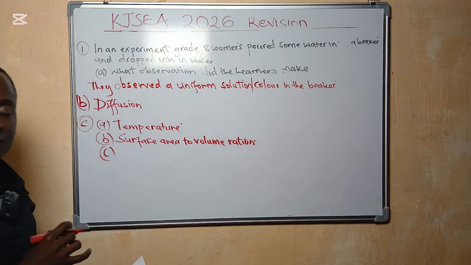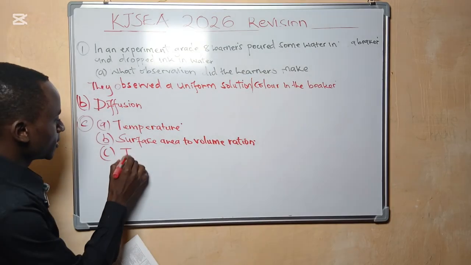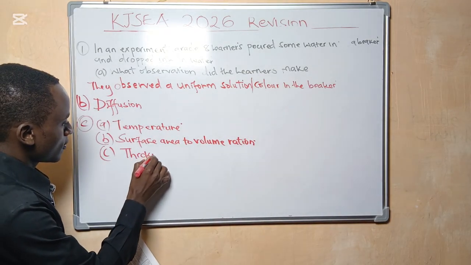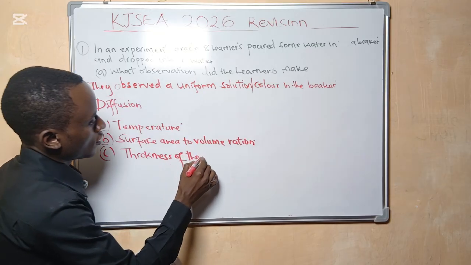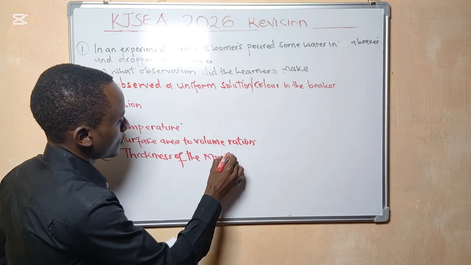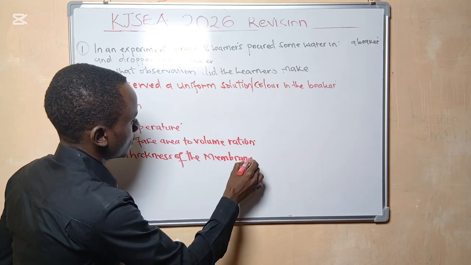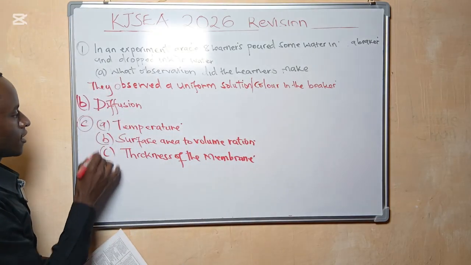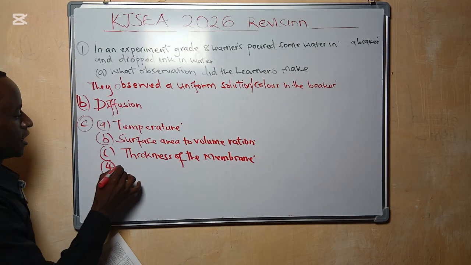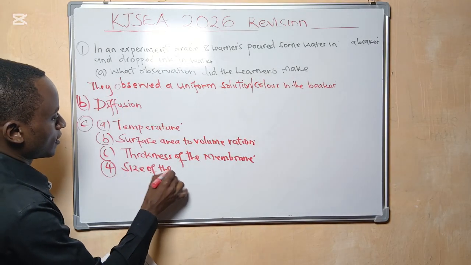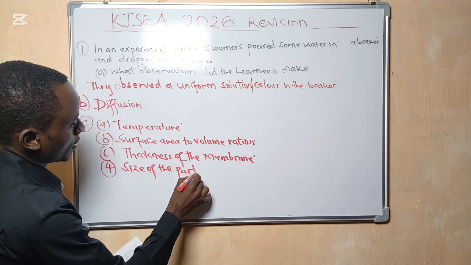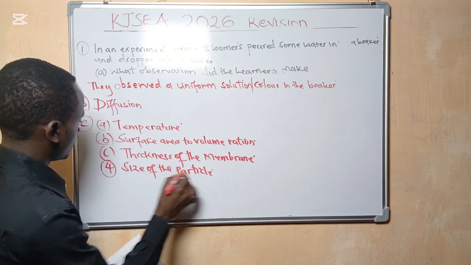C, we have the thickness of the membrane. 3, we have the size of the particle.